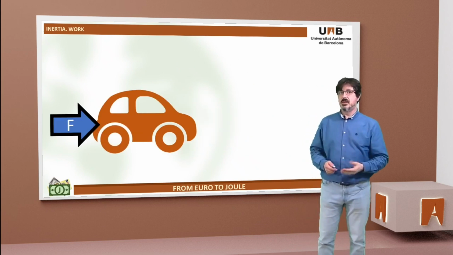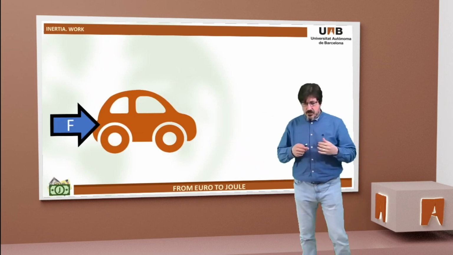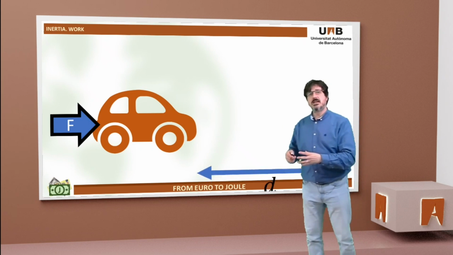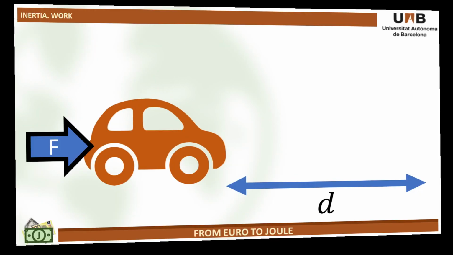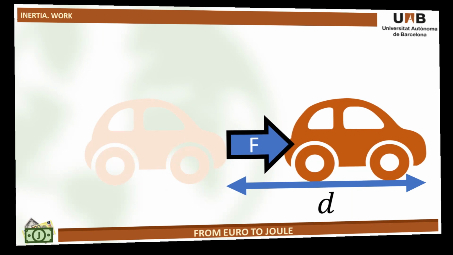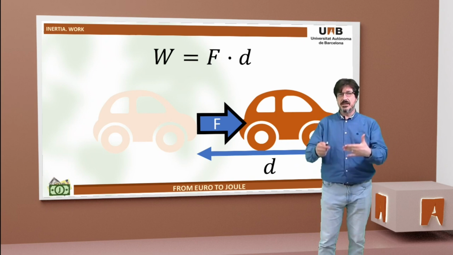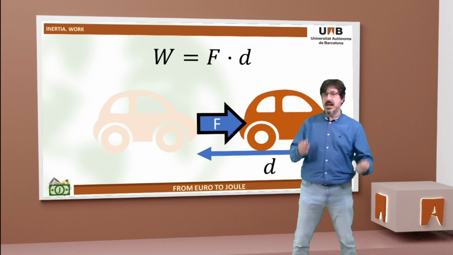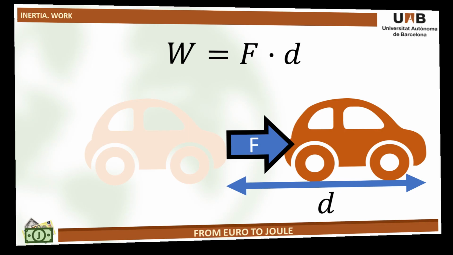larger also the force. Once we have the force, we can calculate the work that this force is doing. The work is simply the force multiplied by the distance, and this gives us the value of the energy that is required.